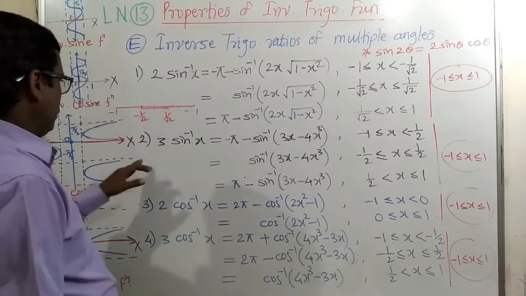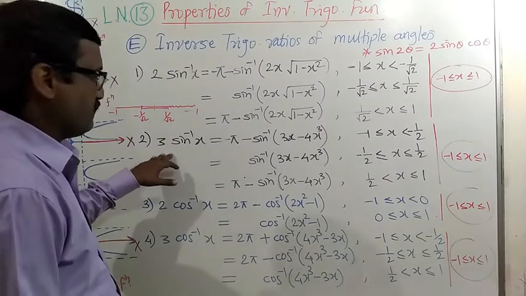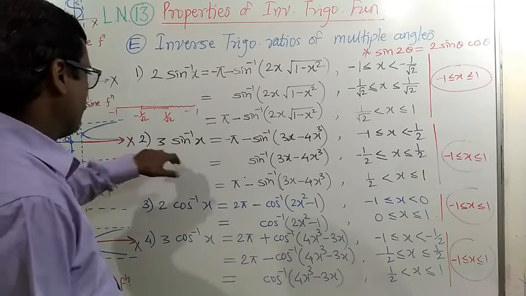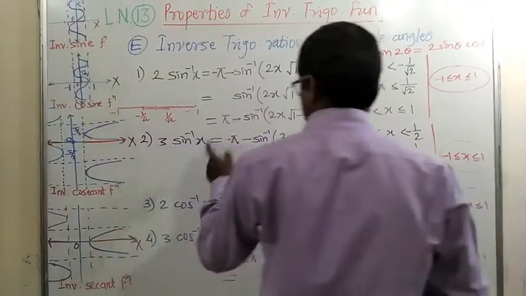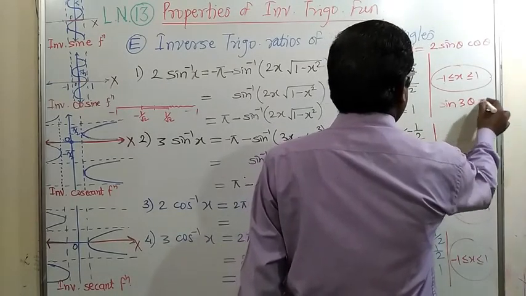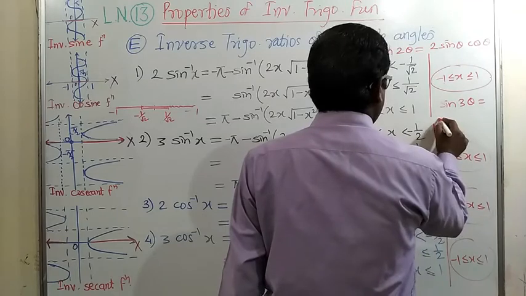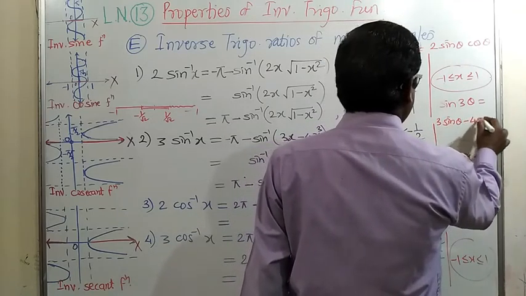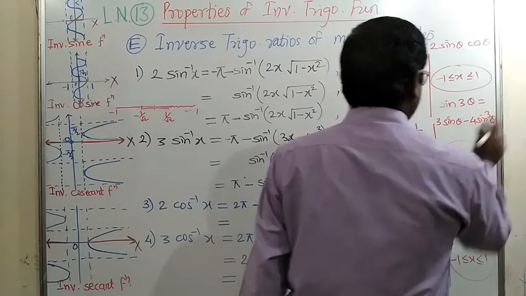Okay, let us see the second one. This is the triple angle formula, the triple inverse trigonometric function. So you know the triple angle formula for sine, that is sine 3 theta is equal to 3 sine theta minus 4 sine cube theta.